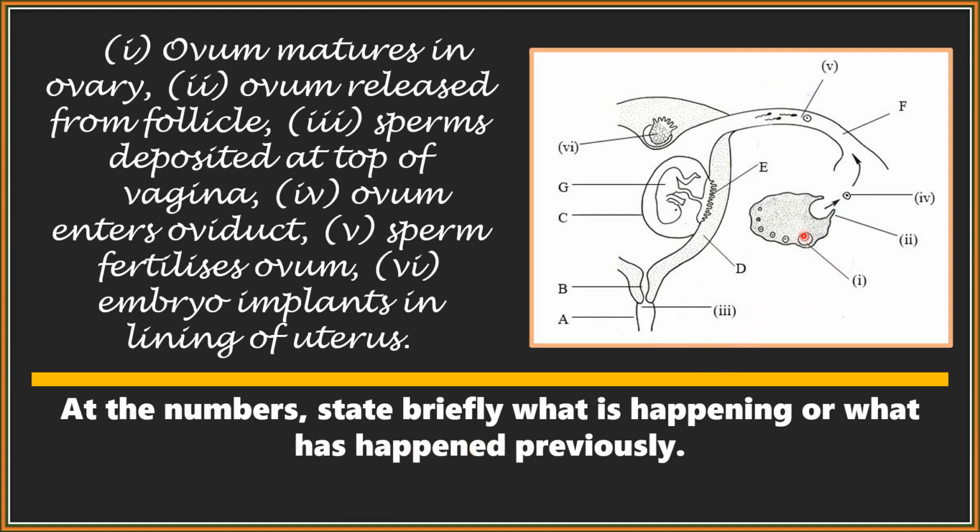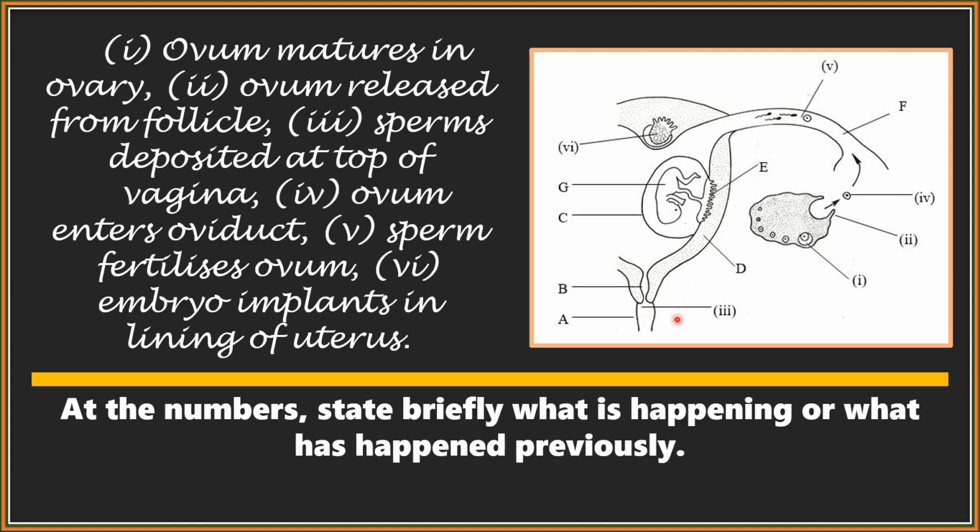I, the ovum matures in the ovary. Then at Roman number 2, the ovum is released from the follicle. Roman number 3, the sperm is deposited at the top of the vagina.